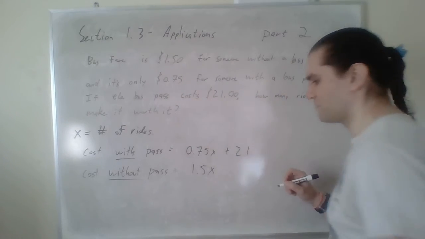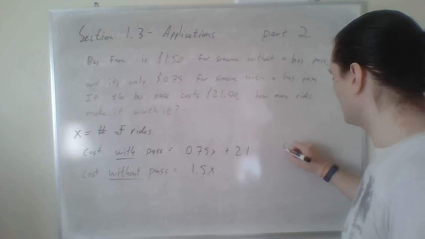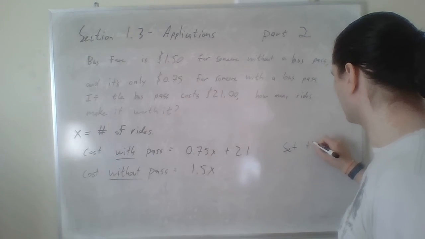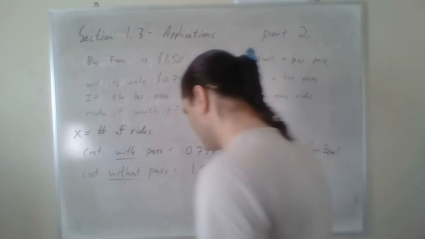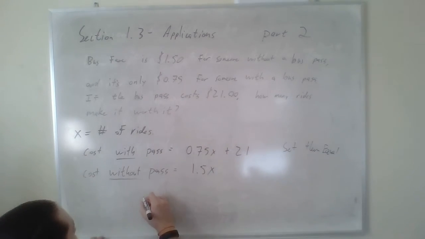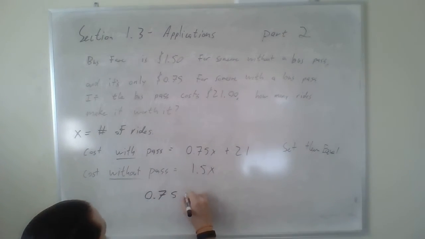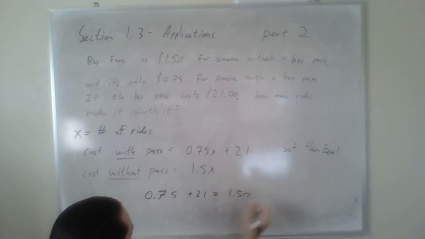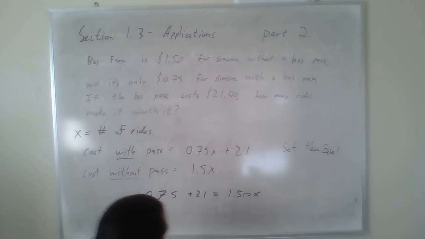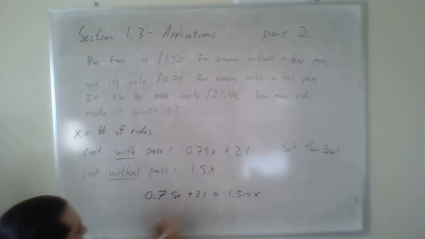So let's find where these two things are equal. Just like the college problem we did in the last video, we're going to set them equal. So I'm going to get 0.75x plus 21 equals 1.50x.